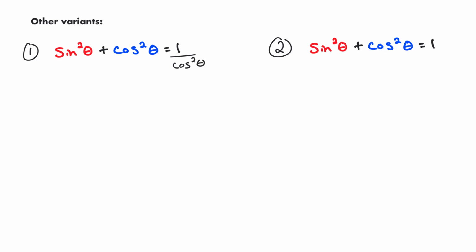But I can't just divide the 1 by cosine squared. I've got to divide everything by cosine squared. If you divide everything by cosine squared, you're going to get a variation of the Pythagorean identity that's going to involve different trig functions. You are going to get sine squared over cosine squared, which is the definition of tangent squared.